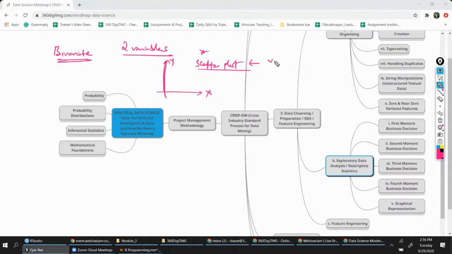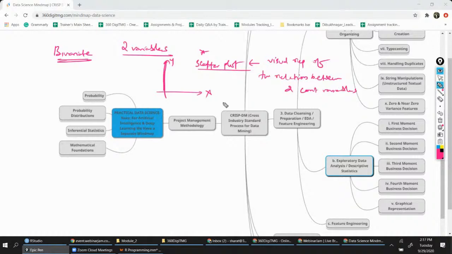Scatter plot is a visual representation of the relation between two continuous variables. It's a visual representation of the relationship between two variables that we are trying to see here.